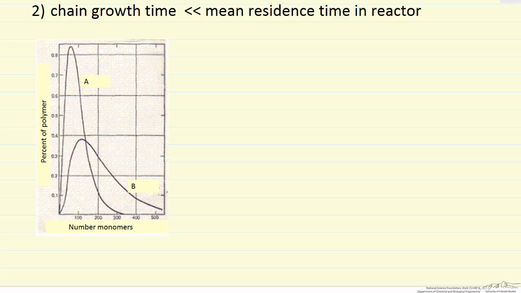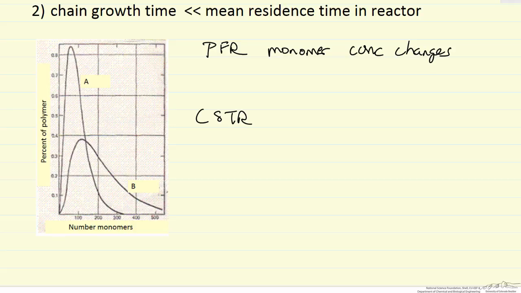So what's going to happen is in a plug flow reactor, the monomer concentration changes as we move down the reactor. In a CSTR, on the other hand, the monomer concentration is constant. And because of this, all reaction takes place at the same monomer concentration.